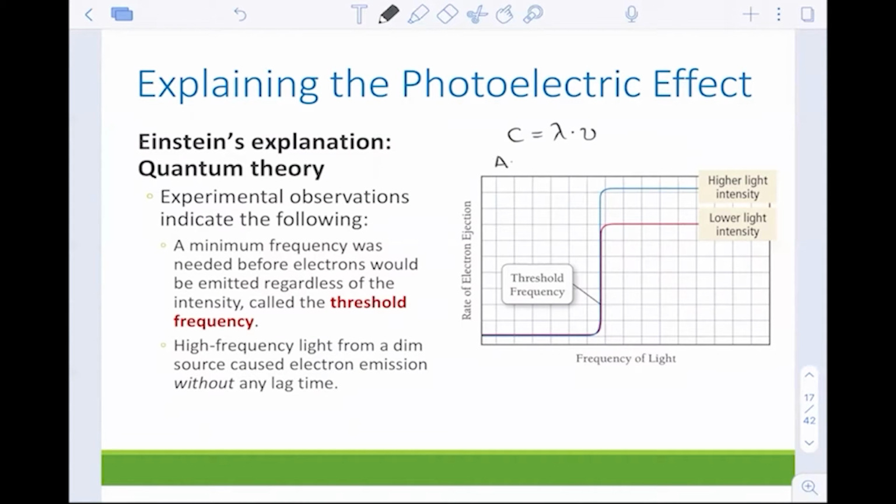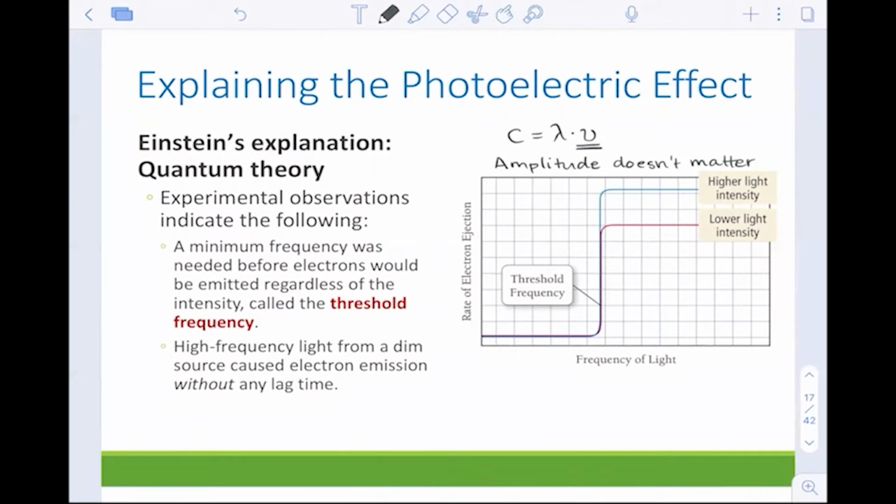What Einstein decided as an explanation for what he was observing is the amplitude doesn't matter. Light being dim or being intense, being bright, doesn't have any effect on the actual energy of that light. Changing the amplitude didn't change where the electron ejected.